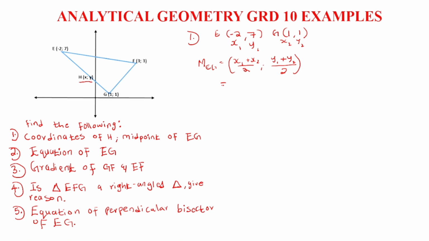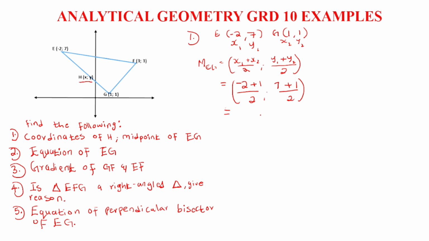Let's substitute here. x1 is minus 2, and x2 is plus 1, all over 2, and therefore y1 is 7 plus y2, which is 1, all over 2.